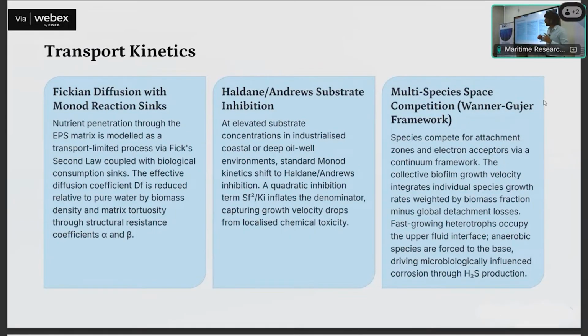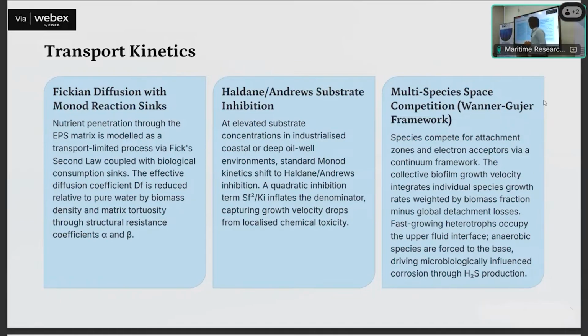Along with the 5 differential equations and the one at a time analysis, I've also included 3 factors which are more real-life related. In a lab, you don't usually experience this, but in real life, nutrients can sometimes penetrate through the layers of biofouling, and that affects how they grow, and different species have different growth rates.